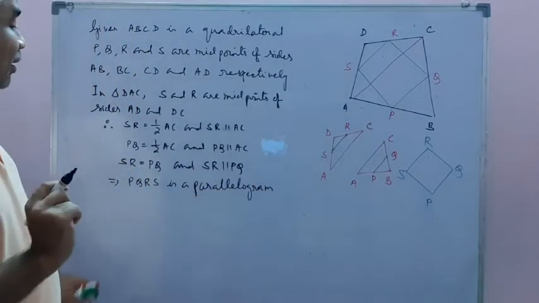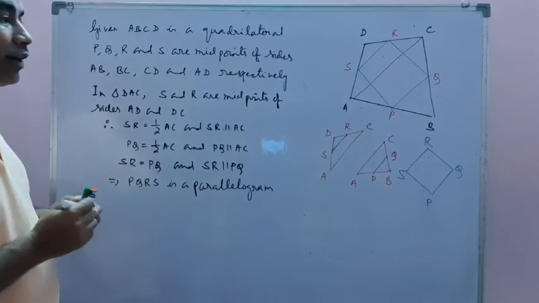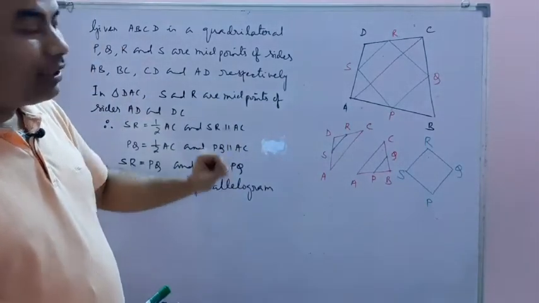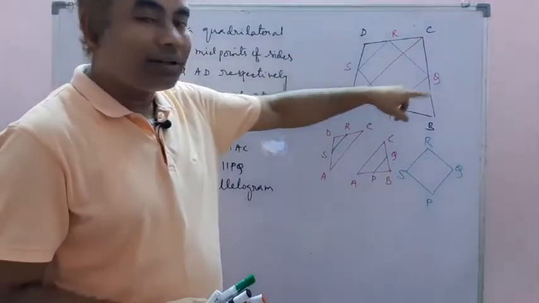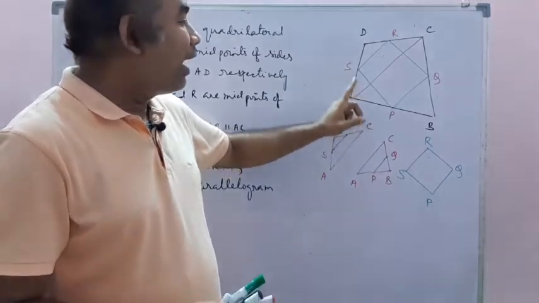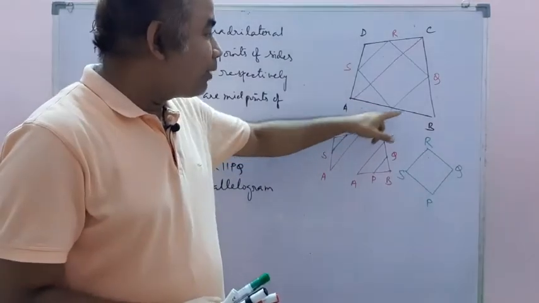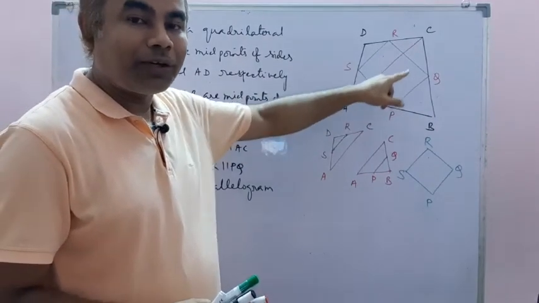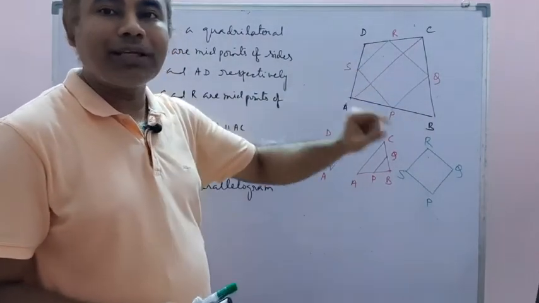Okay, clear? So using the midpoint theorem, what we come to know is that if any quadrilateral is given to you, and you know the midpoints of all four sides, then the quadrilateral formed by joining the midpoints is always a parallelogram.